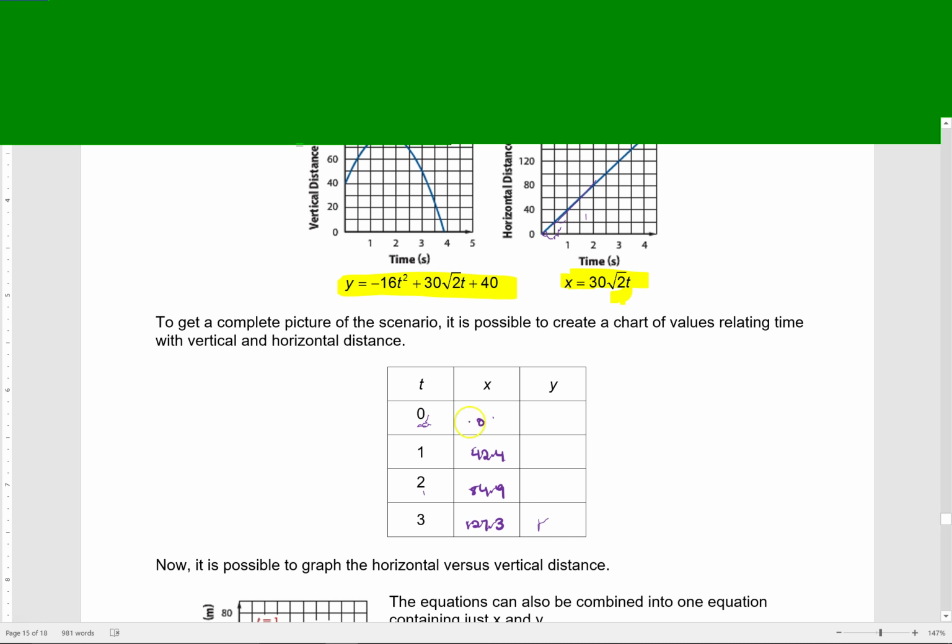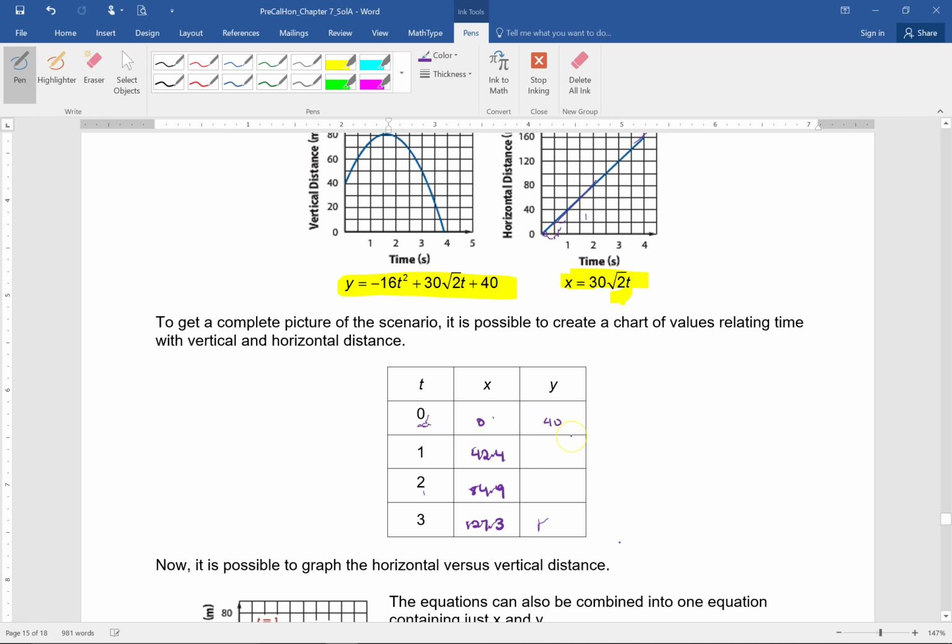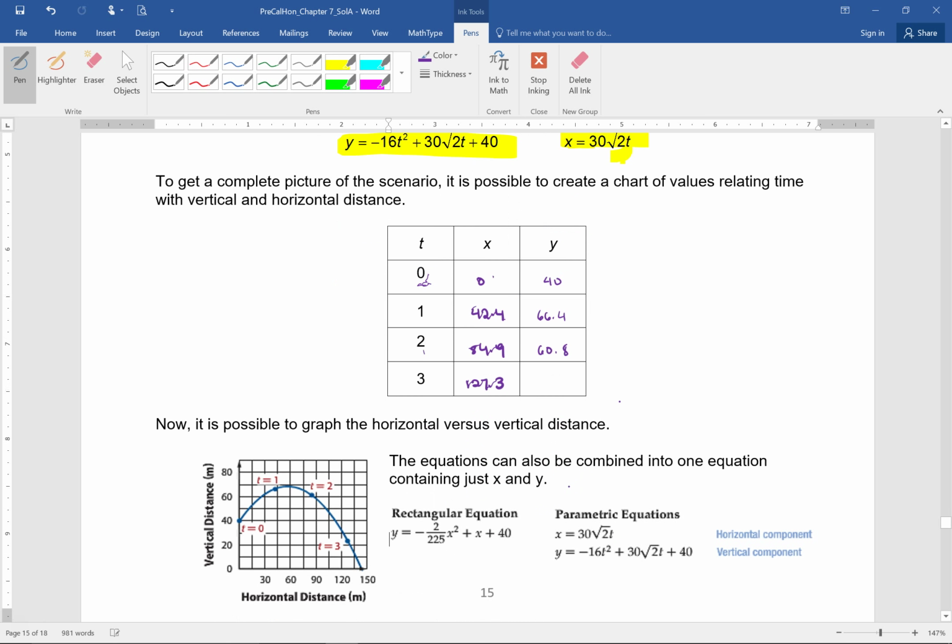All right, so when we plug these values in for y, we get 40. And for t equals 1, what do we get? And for t equals 2, we get? Right? Because it goes up and then it goes down, remember? And for t equals 3, 23.3.